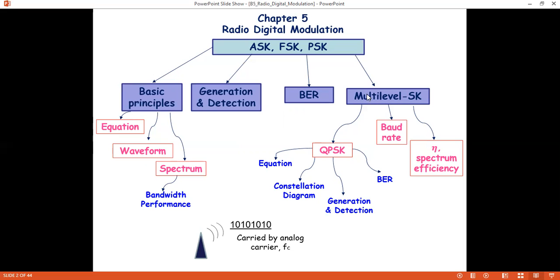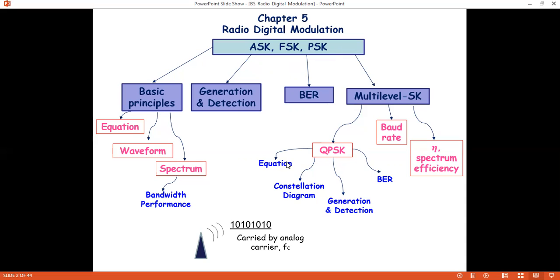And then we'll look at a special concept which is known as multi-level shift keying. This multi-level shift keying is actually applicable for all ASK, FSK, PSK, but we'll focus on multi-level phase shift keying, especially QPSK, quadrature phase shift keying.